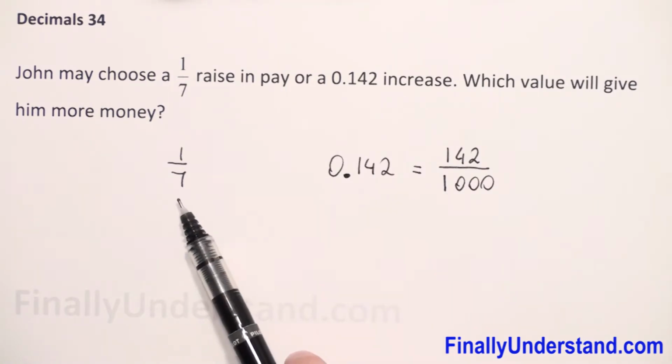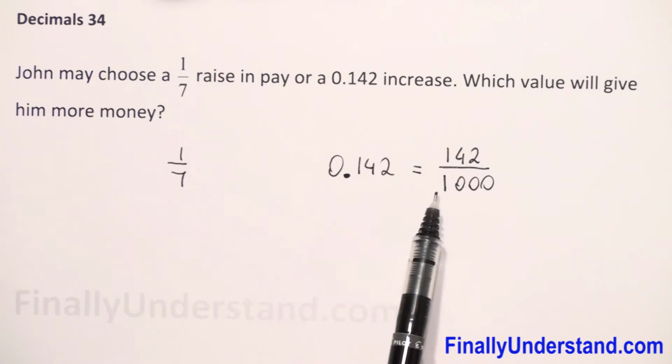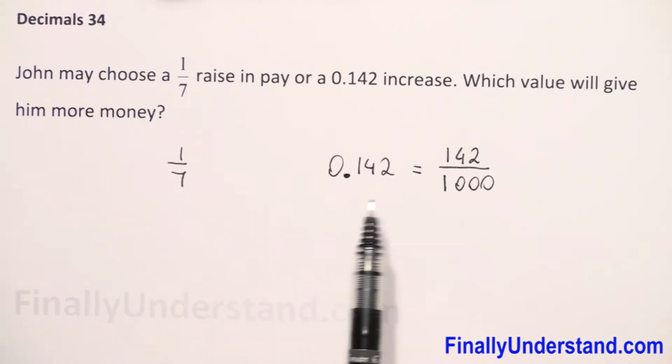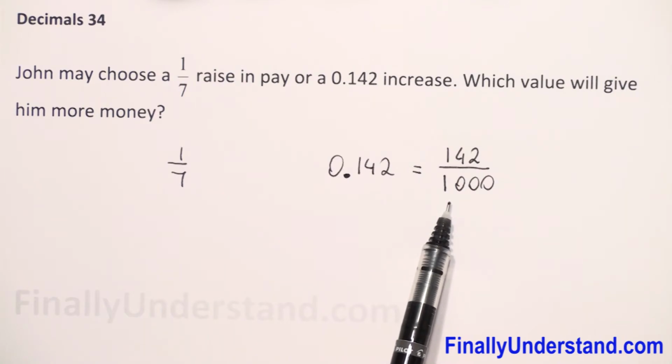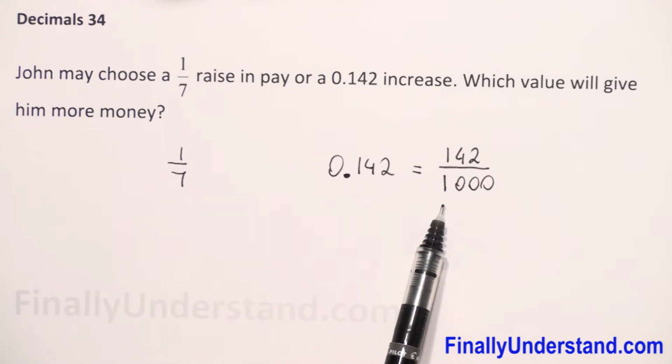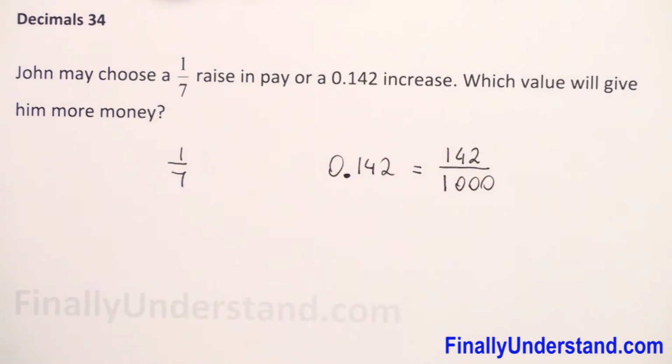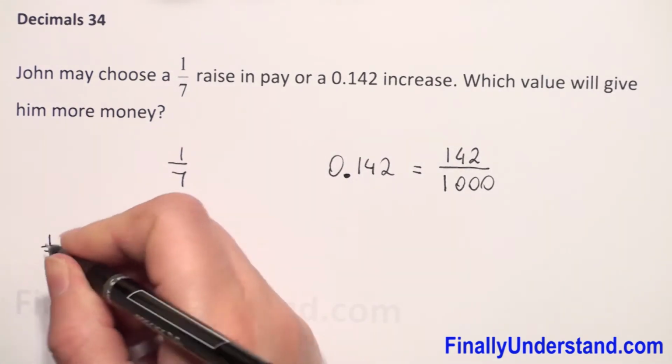But to compare two fractions, we need to have the same denominators. We have 7 and 1000. So what I can do here is multiply the first fraction's numerator and denominator by 1000. Let me copy this fraction. We have 1 over 7.